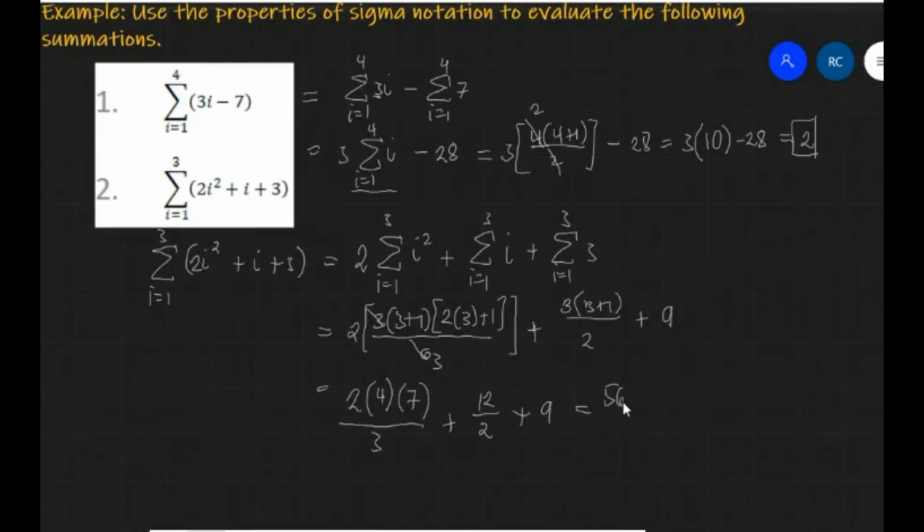Tama po ba ako? Yes po, sir. Okay, tapos 12 divided by 2 is 6 plus 9. And then simplify po natin. 56 over 3 plus 15. Ano pong sagot? Ito ay 101 over 3. Okay. Ito na po yung sagot natin.